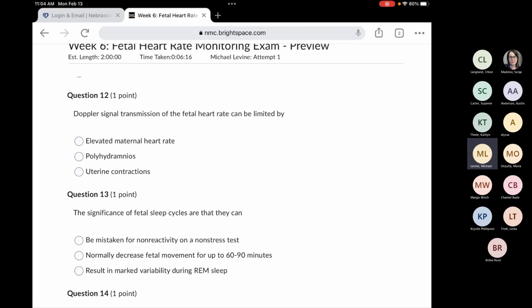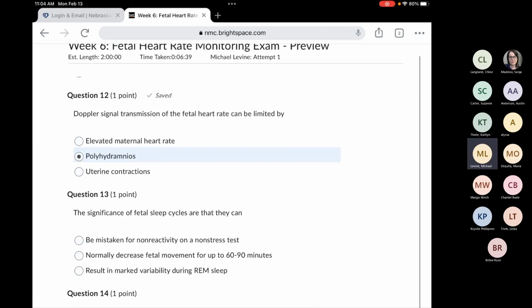A Doppler of the fetal heart rate is an external Doppler, just like we use for external monitoring during labor. So if mom has too much amniotic fluid, the signal will be weak. So hydramnios is the answer there.